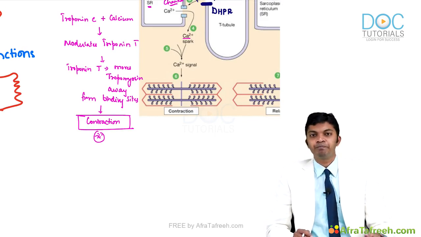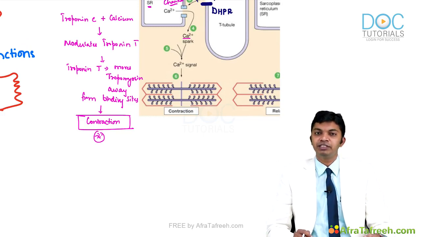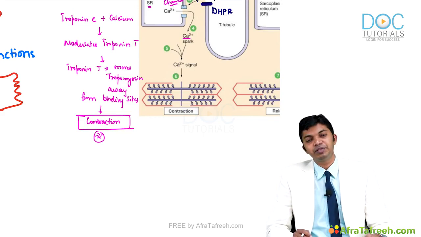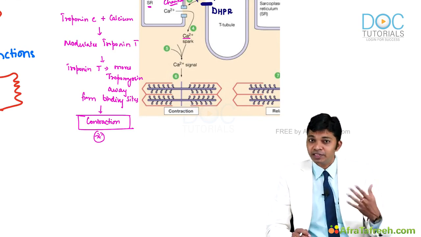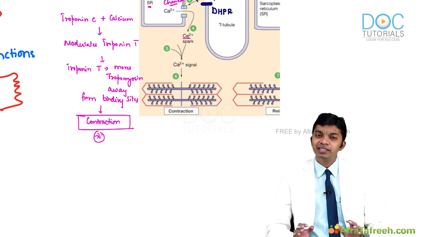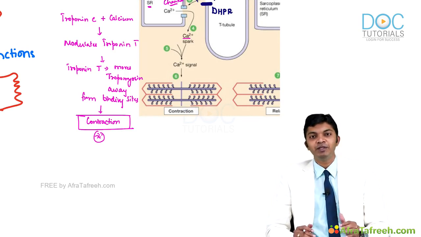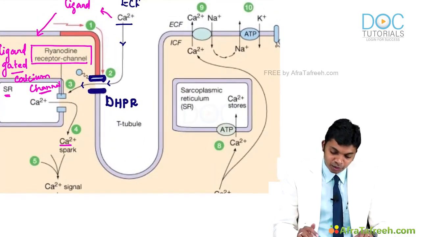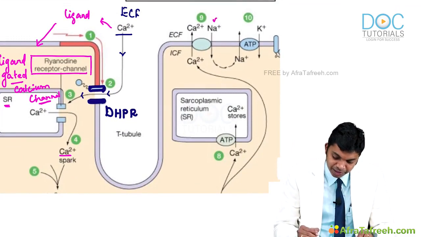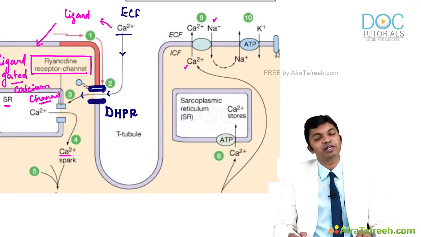If a cardiac myocyte, once the contraction is over, has to relax, it has to send the calcium back to the place from where it came, which means the majority of calcium has to be pumped back into extracellular fluid. The task of getting the calcium back to the extracellular fluid is done by a transporter called the sodium calcium exchanger, which is a secondary active transporter, guys.